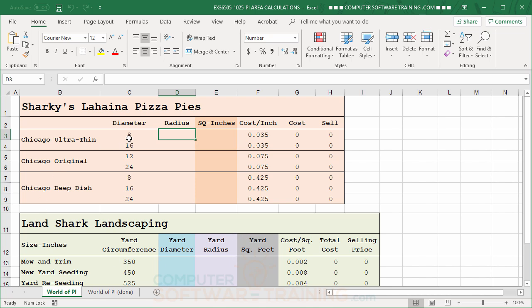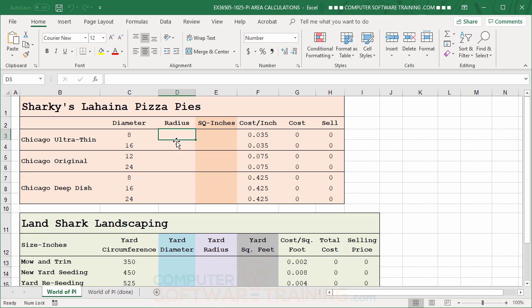If you have an 8-inch pizza, let's say, first of all, we need to figure out what the radius is of the 8-inch. Well, the radius is always going to be half of the diameter, okay?